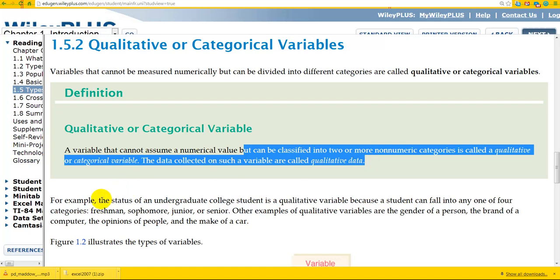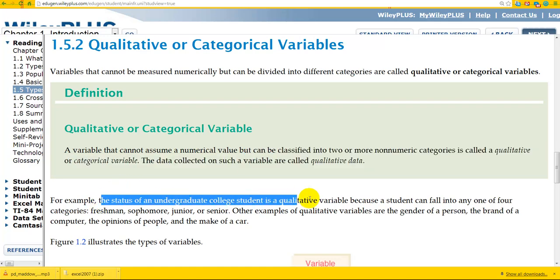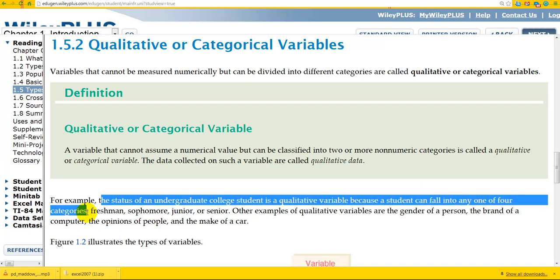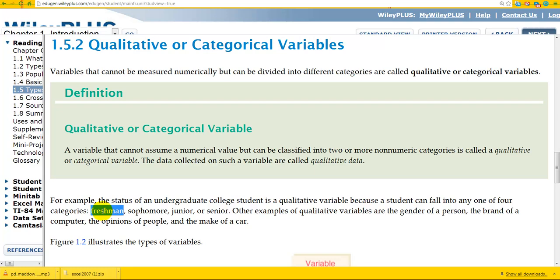For example, the status of an undergraduate student is a qualitative variable because a student can fall into any one of 4 categories. We can call them first year or freshman, whatever you want to call it. You can call it second year or sophomore, junior or senior. Now, if you call it 1, 2, 3, 4, you might say it's numeric. But if we do it like this, it seems clearly categorical.